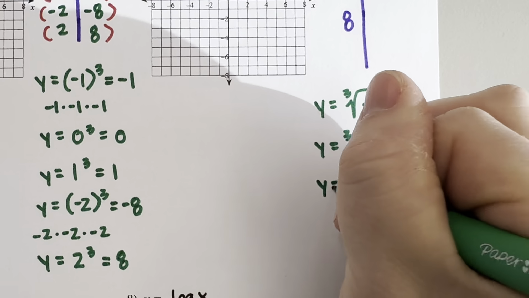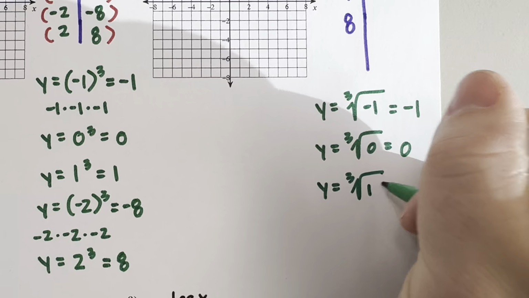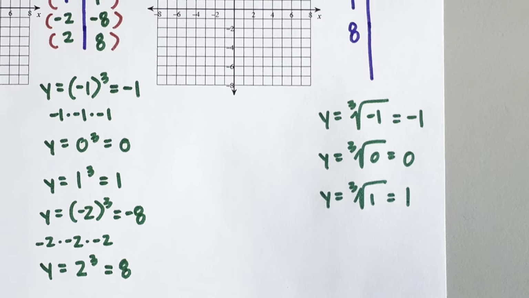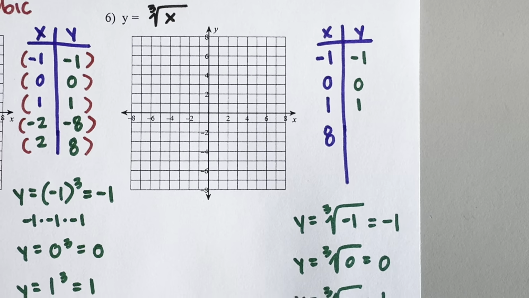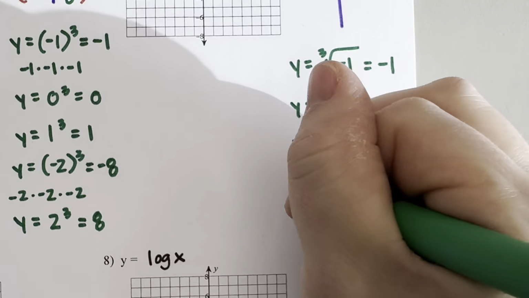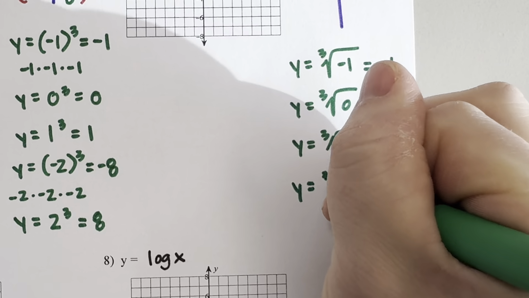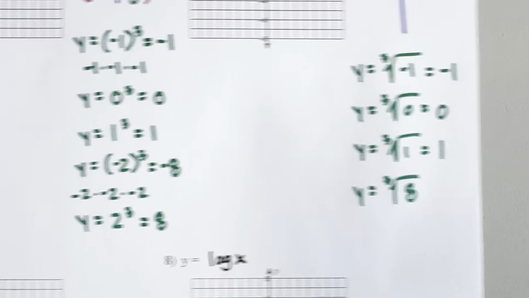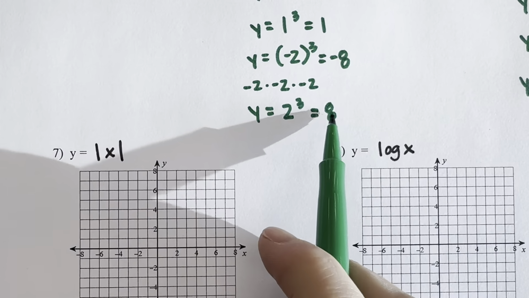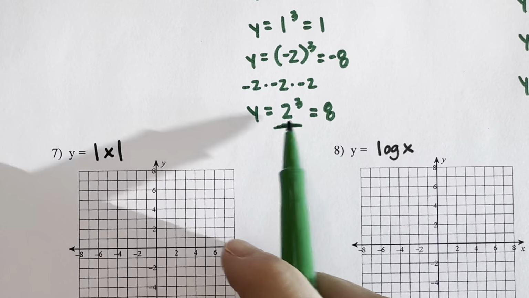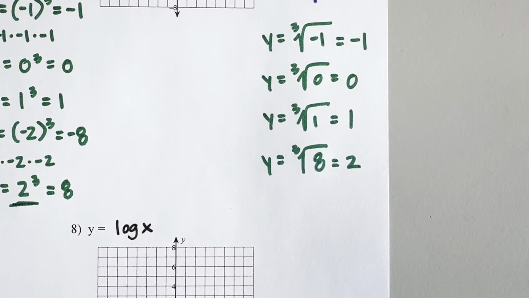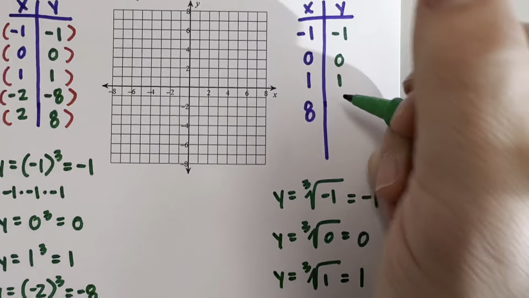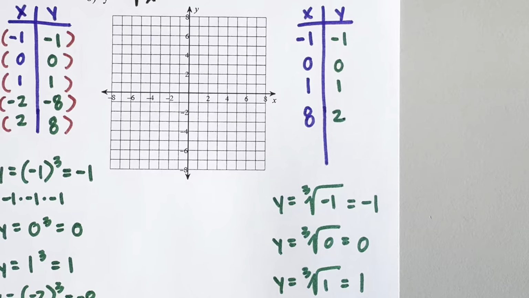Next one, the cube root of positive 1 is also positive 1. So you plug in 1, you get out 1. But then this one, the cube root of 8, I'm actually going backwards here. The cube root of 8 is going to be positive 2. Okay, so now I have all my outputs.